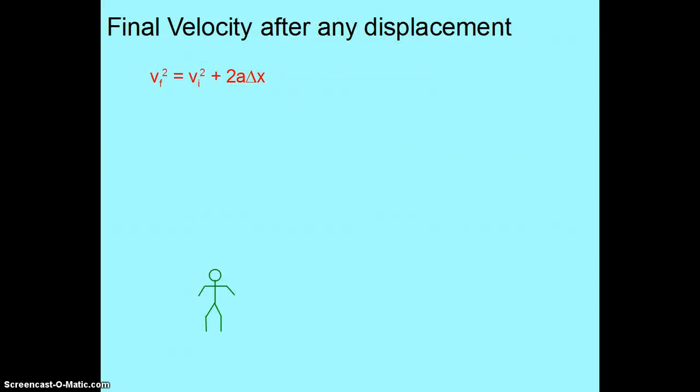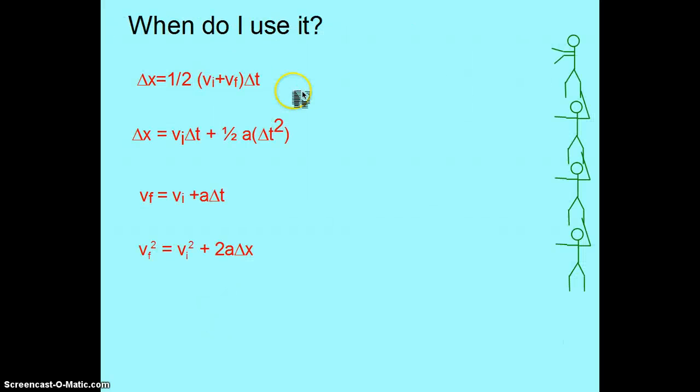And the last one here, how fast might we be going if we accelerate over a certain distance? And maybe we have a VI thrown in. Again, there are little quirks with each equation. Let's look at one final page here.